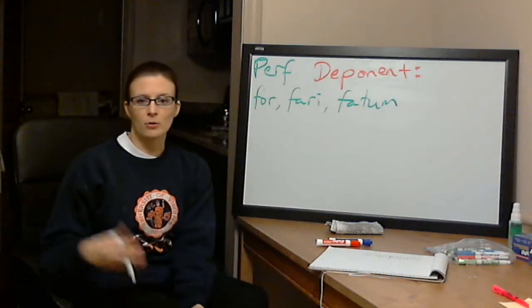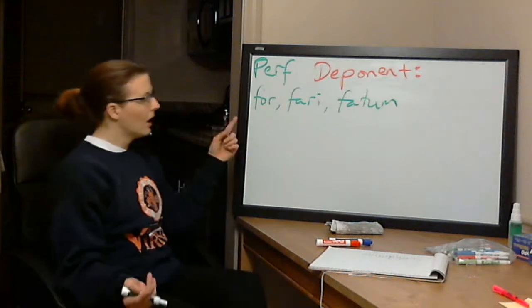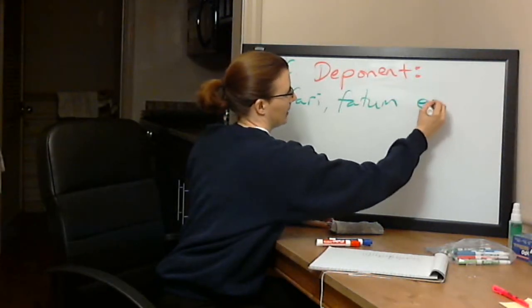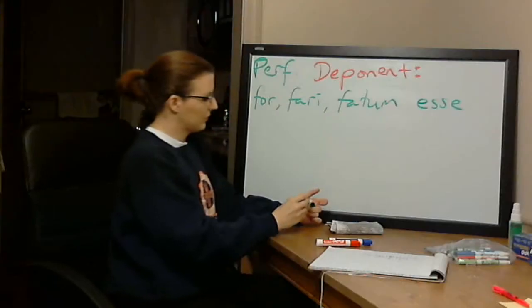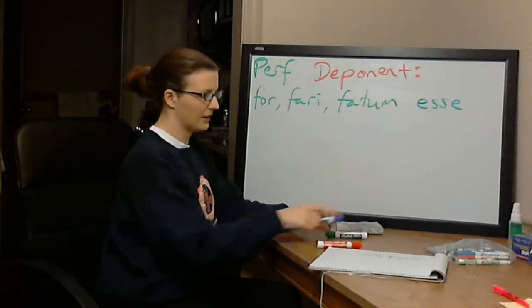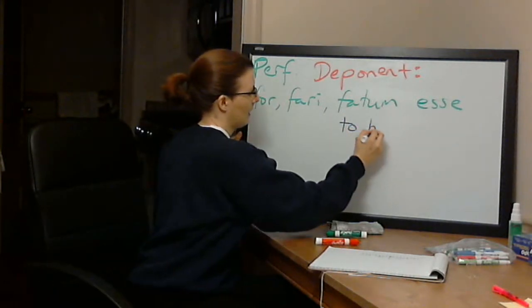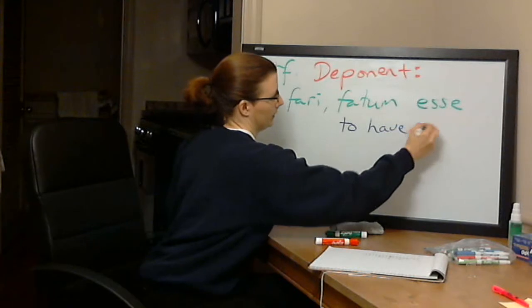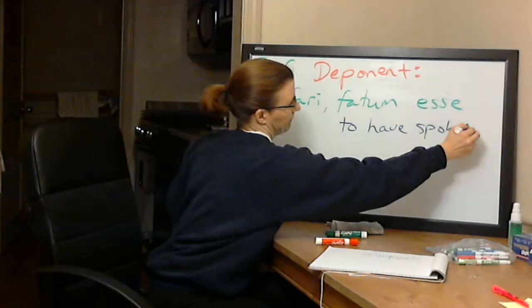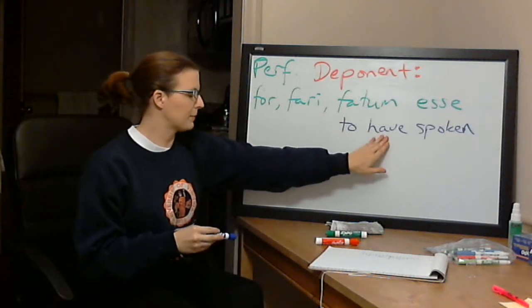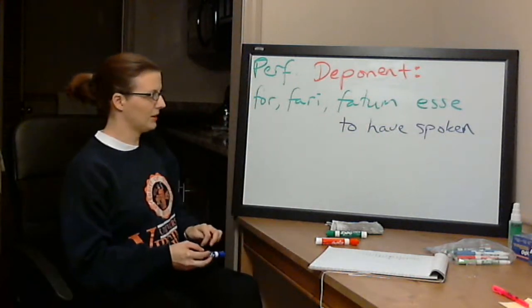Factum's our third principal part, or some folks have factum sum. Again, you're just going to take that last principal part, and to that we're going to add esse. And so instead of translating this one as like to be anything, it's just going to be to have spoken. So it's got the infinitive aspect, it's got the perfect aspect, and then it's got its definition all worked in there.